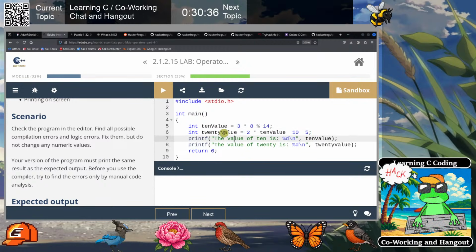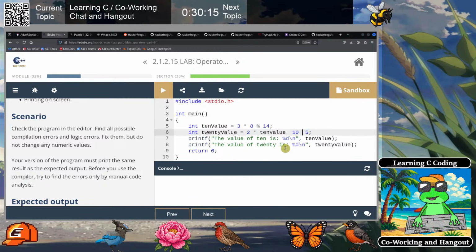So what is this puzzle we're doing? So 20 value equals 2. Are we supposed to put in like division or... Because 10 value is 10.